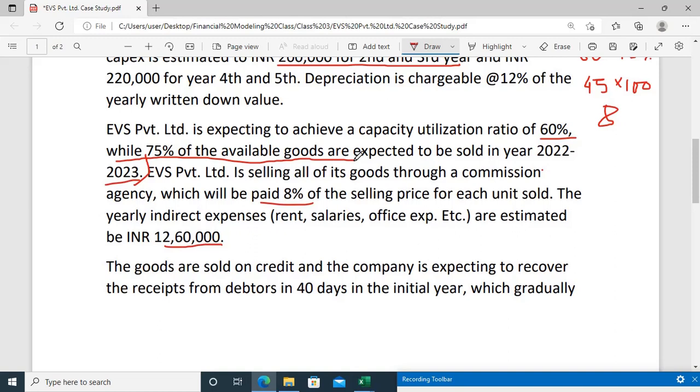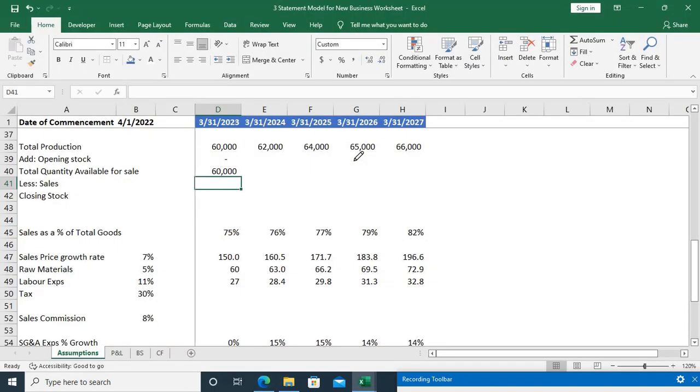It is available goods, not the quantity produced. So we have to calculate the sales amount on 75% of the available goods. So sales equal to this multiplied by 75%. Manually it is not required because we have the 75% given here. So this was the sales amount.